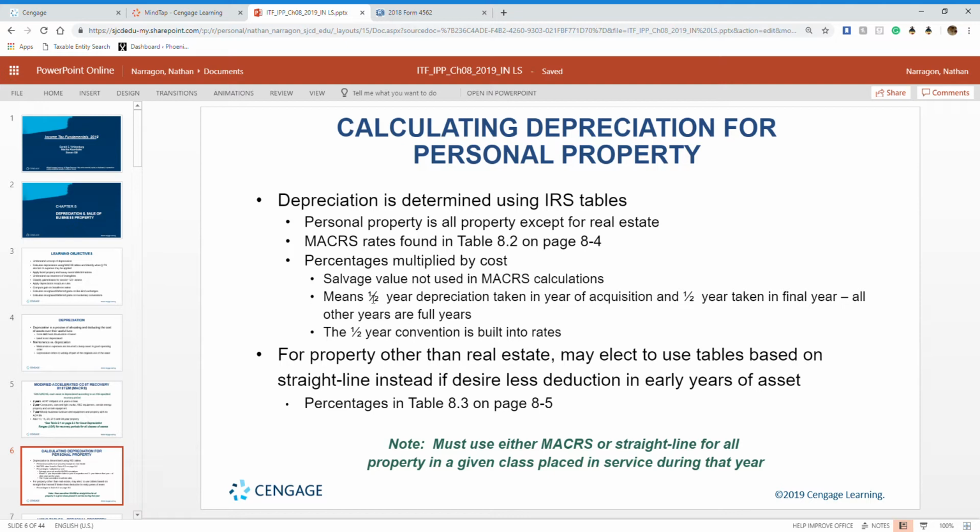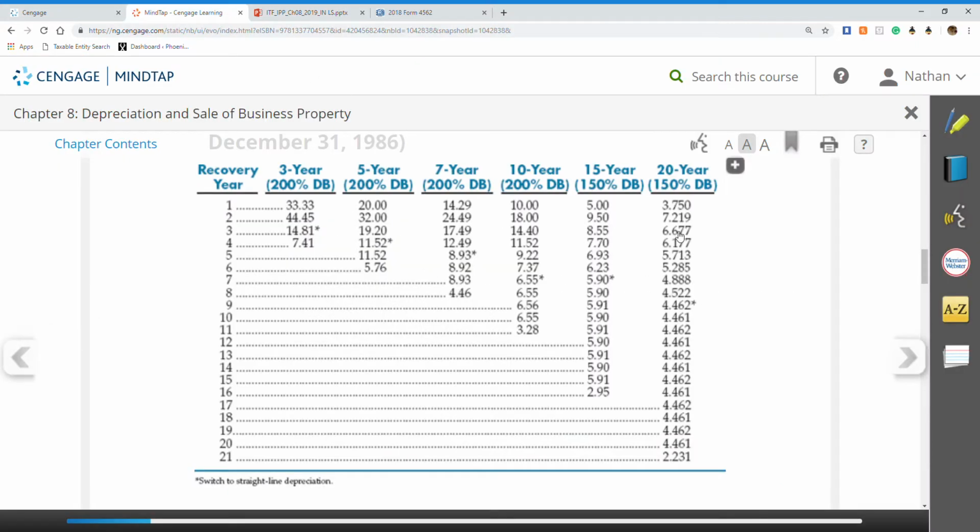Now, it does tell you that salvage value is not used. Taxes don't care how much value you think that you can get it for. That's when we calculate gains and losses. When it's depreciation, it doesn't care. It just cares that you times it by the right percentage. So really, if you look at this table, find the percentage, find the years, and really all you're doing is timesing it by that.